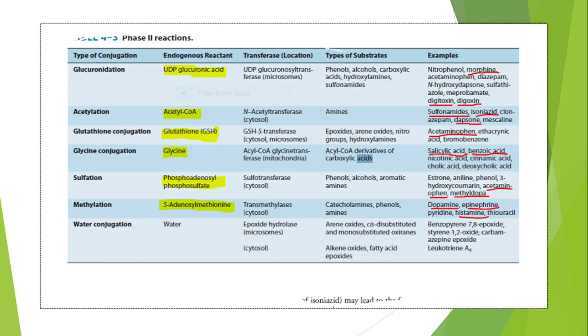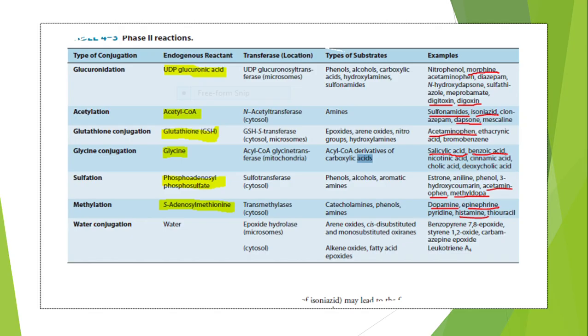Then glycine conjugation: the endogenous reactant is glycine, the transferase is acyl CoA glycine transferase in mitochondria, and the substrates are acyl CoA derivatives of carboxylic acids. For example, salicylic acid, benzoic acid, nicotinic acid, cinnamic acid, cholic acid, deoxycholic acid.